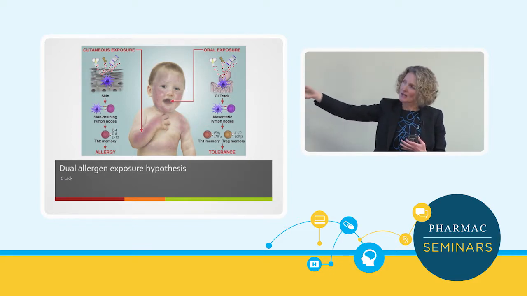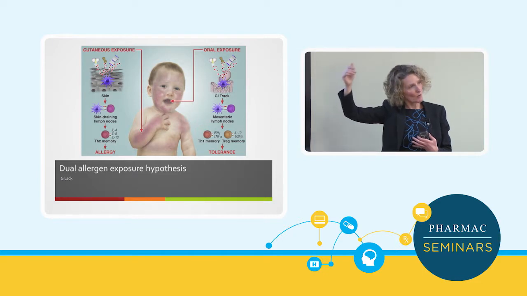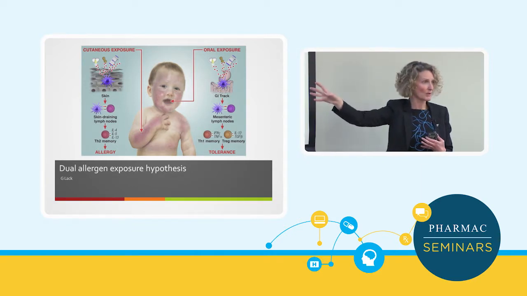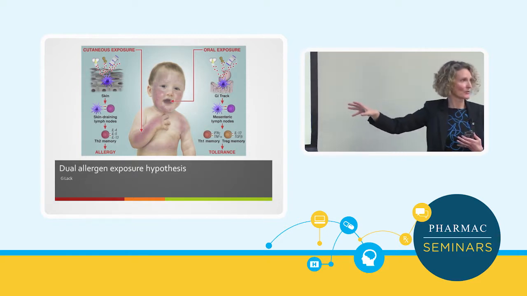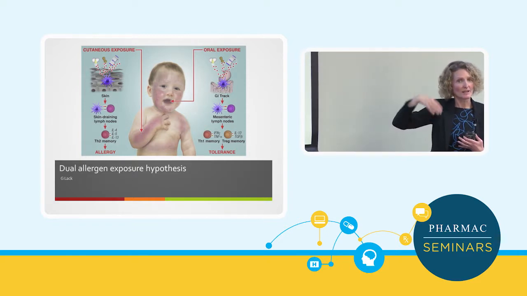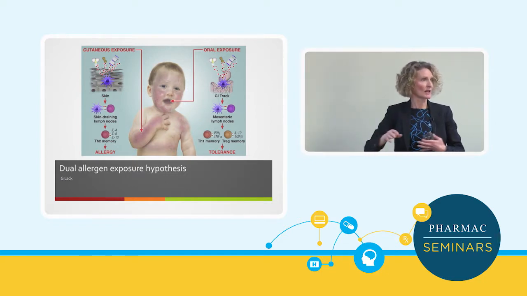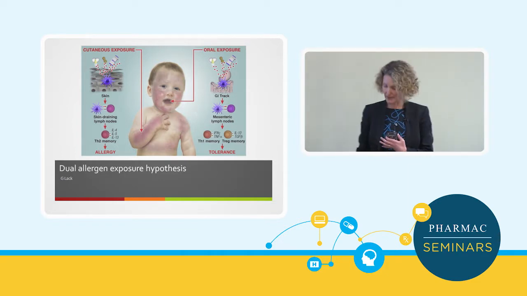He theorised that if you have a faulty skin barrier, or active eczema, you may be presenting those food allergens through broken skin rather than through the gut, and that leads to a different part of the immune system, and you develop an allergic type response to food proteins. This has cascaded into quite a lot of research looking at early introduction, and whether we can prevent allergies by managing skin better, those sorts of things.